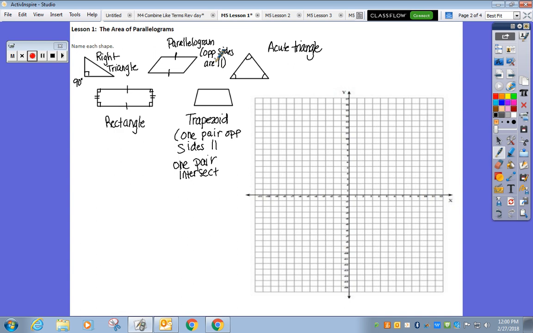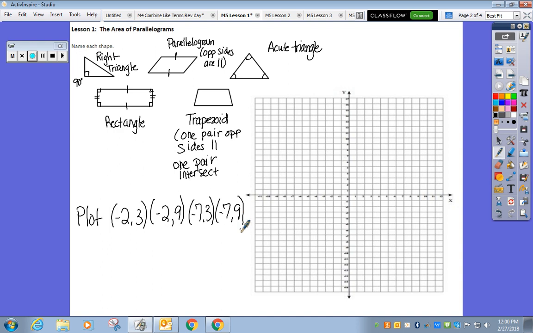The next thing we're going to do is plot some points on this coordinate plane. So I gave the kids some points to plot. So I will just write those out. We have (-2, 3), (-2, 9), (-7, 3), and (-7, 9). So we're going to start with those 4.